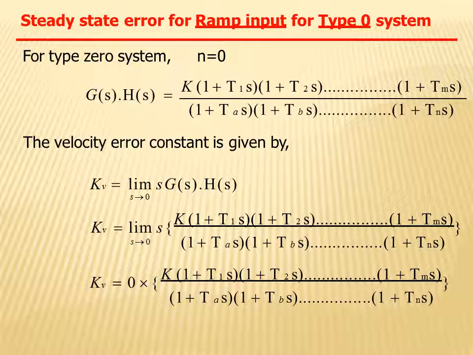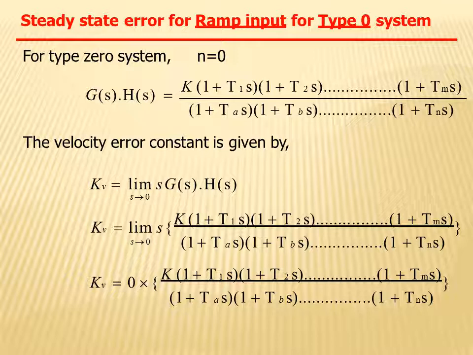For Kp, that is position constant, we just take limit of G of s into H of s, limit as s tends to 0 of G of s into H of s. For velocity error constant, that is Kv, we write limit as s tends to 0 of s into G of s into H of s.